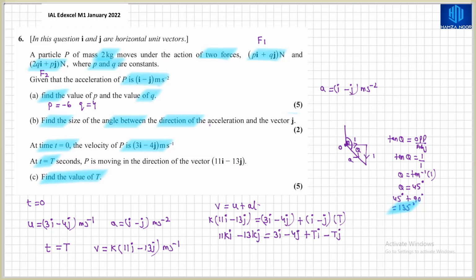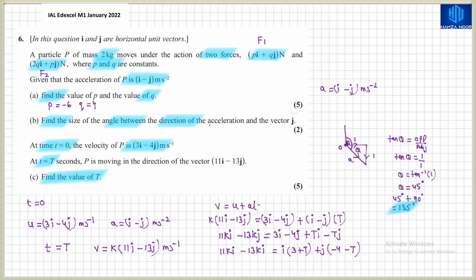We compare the coefficients of i and j: 11ki minus 13kj equals, taking i as common, i times (3 plus T), and taking j as common, j times (minus 4 minus T).